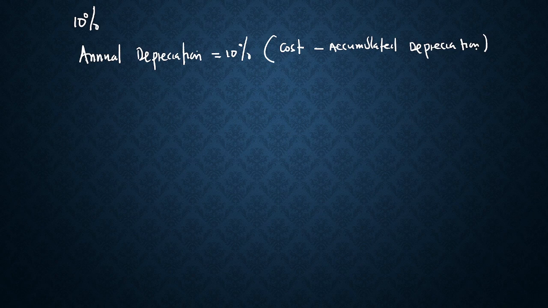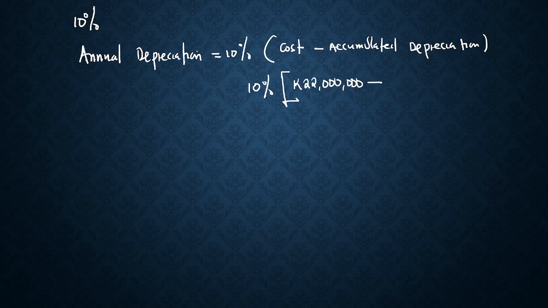Now, my question is, what is the cost of this asset? The 22 million. What is the accumulated depreciation?